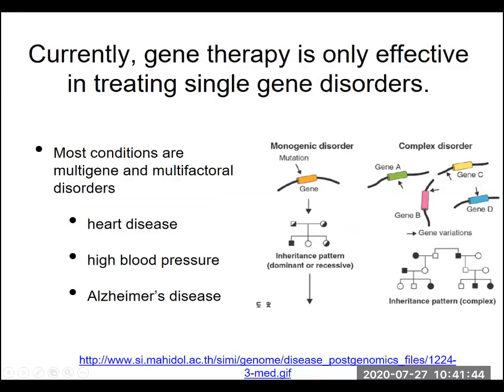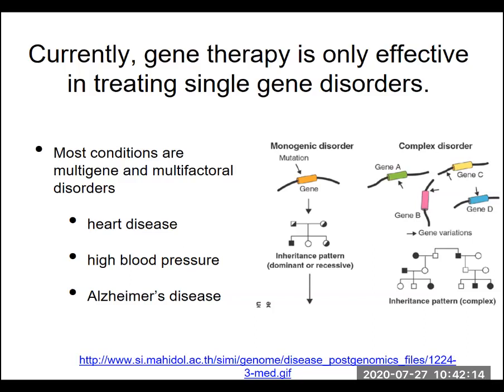Now, the other thing is that at this point, we're still at the infancy of gene therapy. So it's only effective at treating single gene disorders. And those are things where there's a single defect within a gene. And because of that, all we have to do is replace that defective gene or that incorrect gene, put in a correct version in the cell, and everything hopefully is going to be fine.